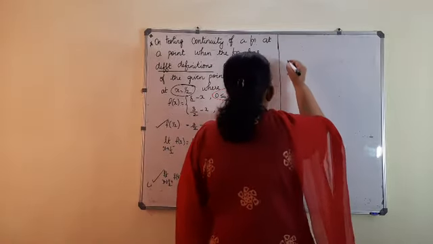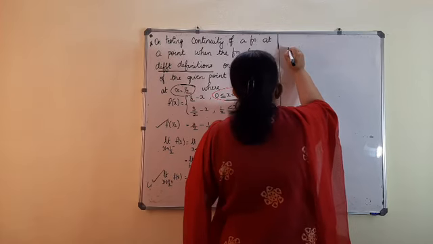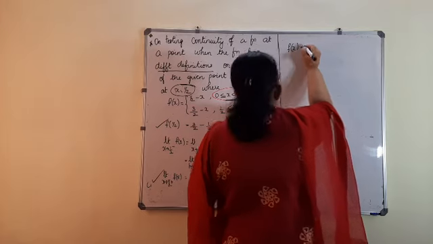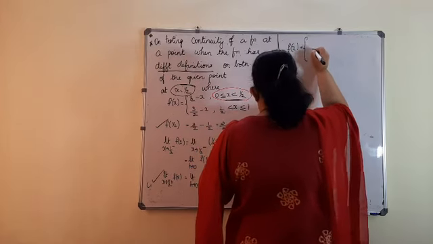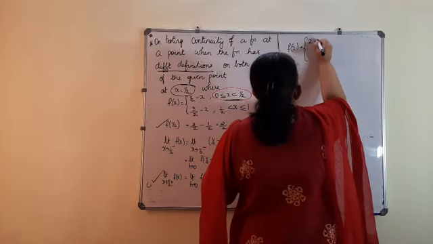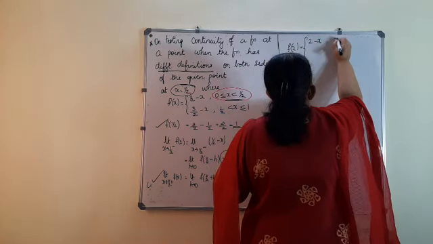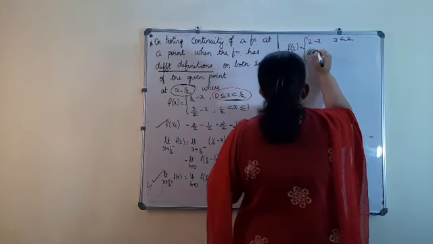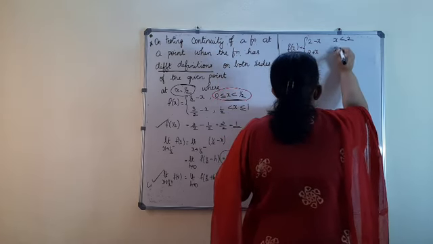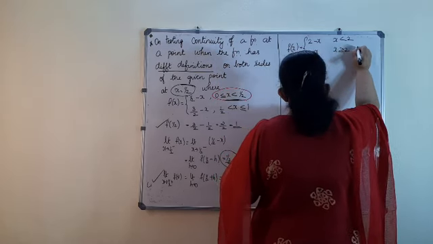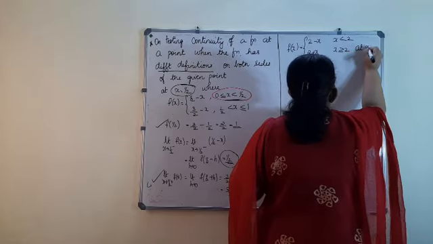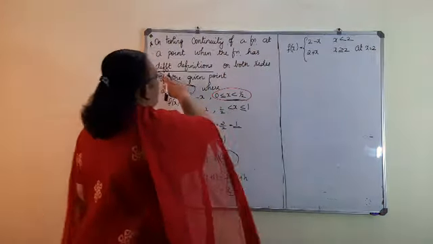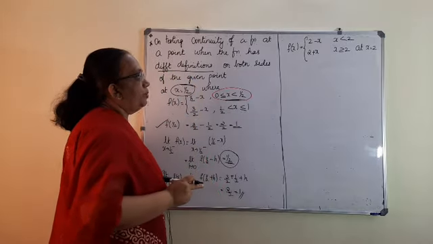Discuss the continuity of f of x is equal to 2 minus x for x less than 2, and 2 plus x for x greater than or equal to 2, at x is equal to 2. So, different definitions on both sides.